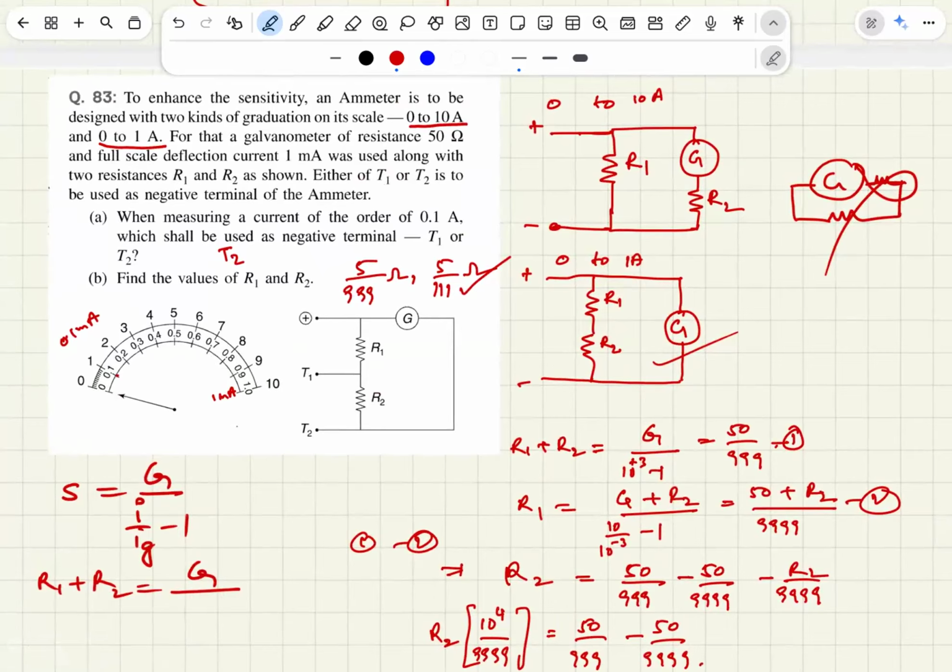Correct? 10 power 3 minus 1. G is also known to you. Boys and girls, first part of the question, any doubt?